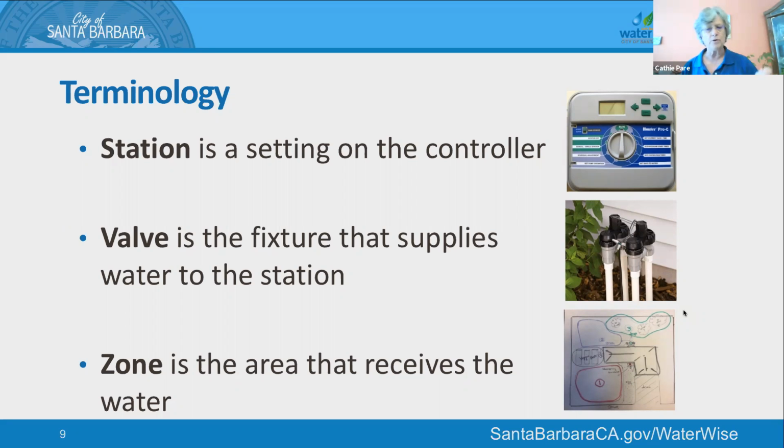And then the zone is the area that's receiving the water in the landscape. So if you have a front lawn area, we'll say that's number 1 down on the lower left. That's zone number 1. I want to water, and I'm going to use the valve that's connected to station number 1 in order to get the water there. It sounds confusing, but basically they're all talking about the same thing. The biggest one to remember is that zone and station are interchangeable on a lot of the clocks. Next slide.